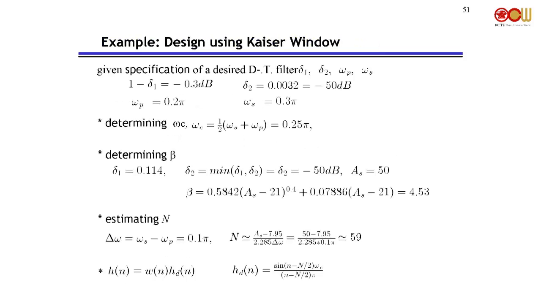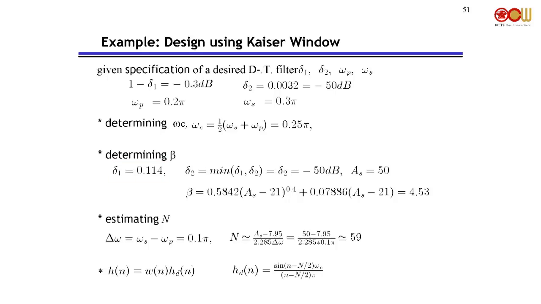Nowadays, it's quite easy to do filter design when you have MATLAB. Suppose we look at one example, okay? We have one specification of a desired discrete-time filter. 1 minus delta 1 is minus 0.3 dB. Usually the actual value of delta 1 is like 0.114, but sometimes we specify it in a different way.